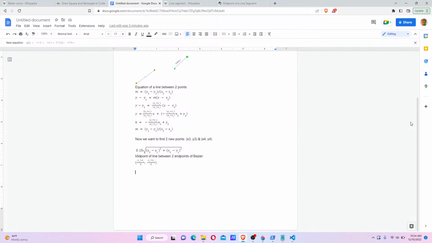Okay, so I'm back. Now, so I found the midpoint of the line between the two endpoints. Now I want to find these new points, x3 and x4, y4, which are that distance along the line.